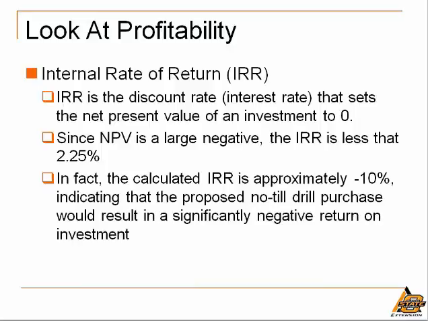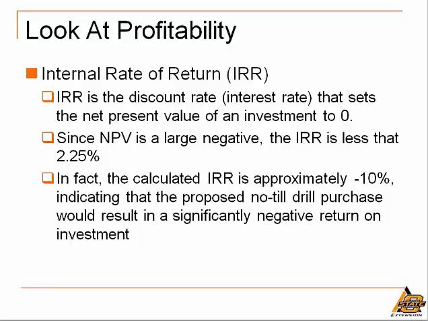Just as a check, we calculated the other commonly used capital budgeting profitability indicator tool, the internal rate of return, or IRR. Remember, IRR and NPV are closely related. In fact, IRR is the discount rate that, if used in the NPV calculation, would result in an NPV of 0.